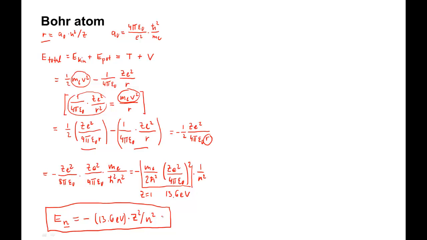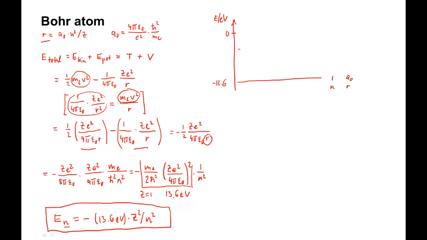Let's look at the energy levels for hydrogen. All energies are smaller than 0. All energies are negative. The lowest energy level for the lowest lying state is at minus 13.6 electron volts. It corresponds to n equals 1, and the radius is A0.